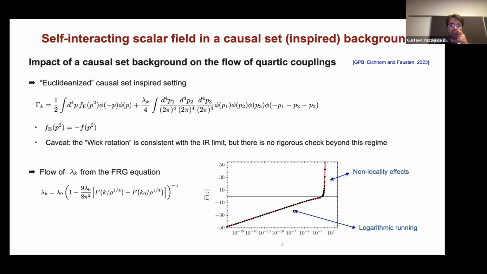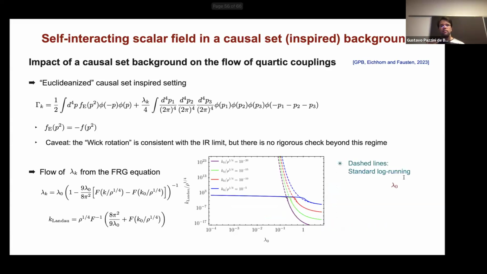So I have a regime here below z equal 1, and z equal 1 corresponds to the point where the renormalization group scale is the same as the non-locality scale. So below the non-locality scale, we have the logarithmic running. So as expected, we recover the standard result from standard QFT of a scalar field. But above the non-locality scale, we see strong effects coming from non-locality.